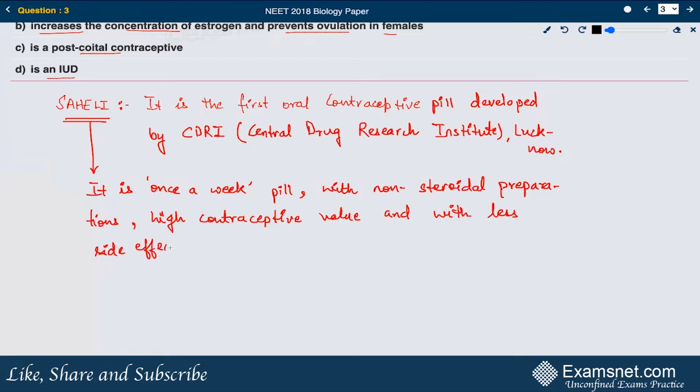All right. Now, this contraceptive Saheli is usually made of hormonal composition.